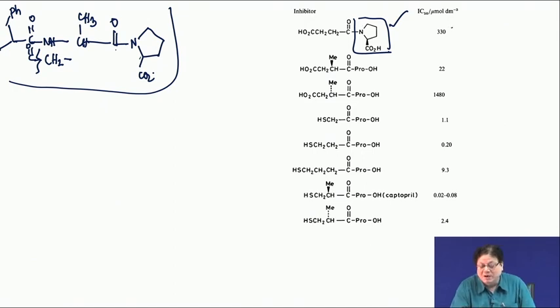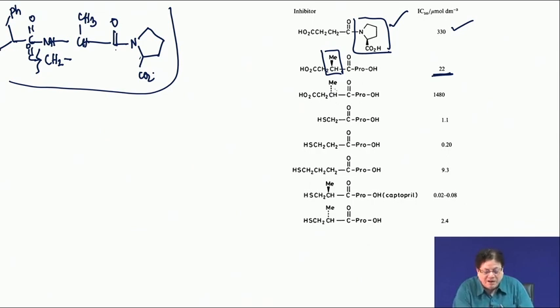They saw that the IC50 value is very bad, 330. Then they started putting the methyl here. Once they put the methyl, it becomes 22. That means methyl is very important, and the stereochemistry is also very important. If the methyl is alpha, it has to be like L-alanine.